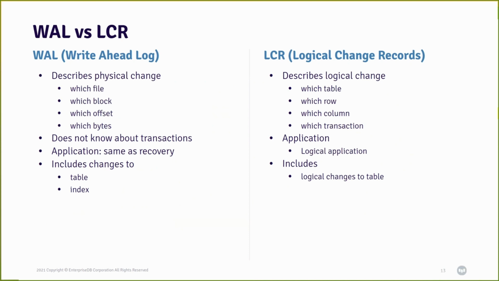Whereas a logical change talks about the logical view of the same WAL. It tells which table was changed, which row in the table was changed, which column, and which transaction did that change. Write ahead log theoretically does not know about transactions. They are just a stream of WAL one after the other.